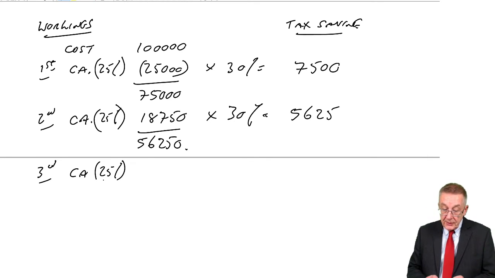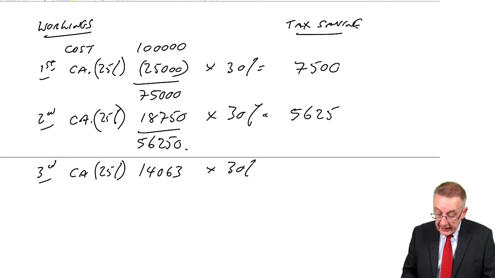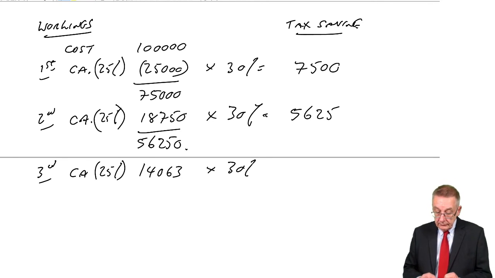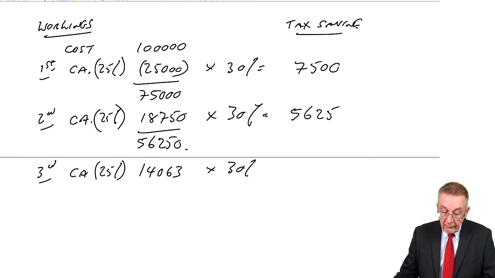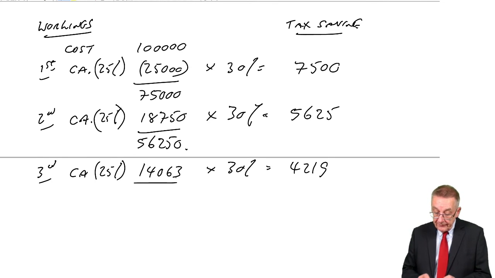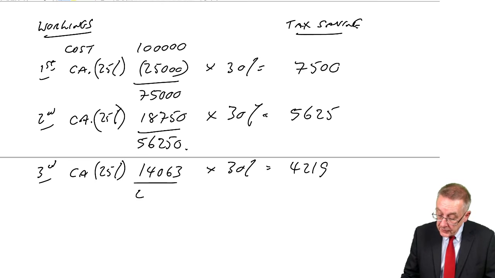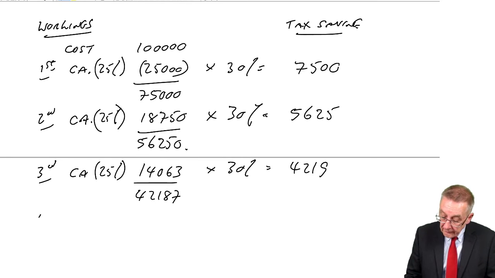25% of 56,250, 14,063, and so the saving 4,219, and the tax written down value is now 42,187.